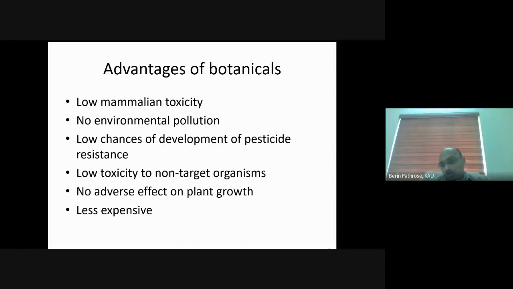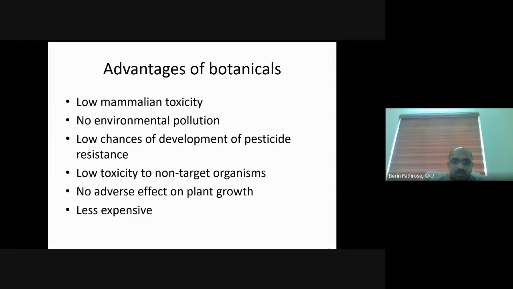But this statement can be contested. You have seen that Poitravumar is working on the toxicity of insecticides as well as botanicals to coccinellid predators of aphids, and the highest toxicity was observed with neem oil emulsion or neem seed kernel extract. Anyway, neem-based products have high toxicity to predators.